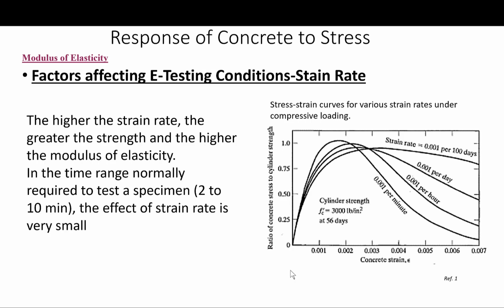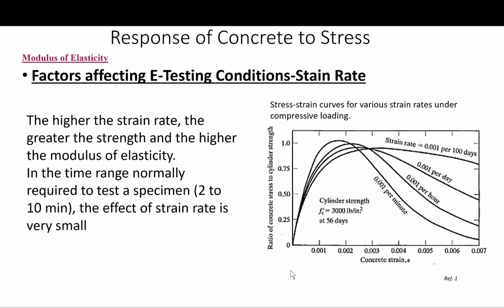As we will see later in the next module probably, the higher the strain rate, the greater the strength and the higher the modulus of elasticity of the concrete. But fortunately, in the time range normally required to test a specimen for our general purposes, which is about 2 to 10 minutes, the effect of the strain rate is very small.